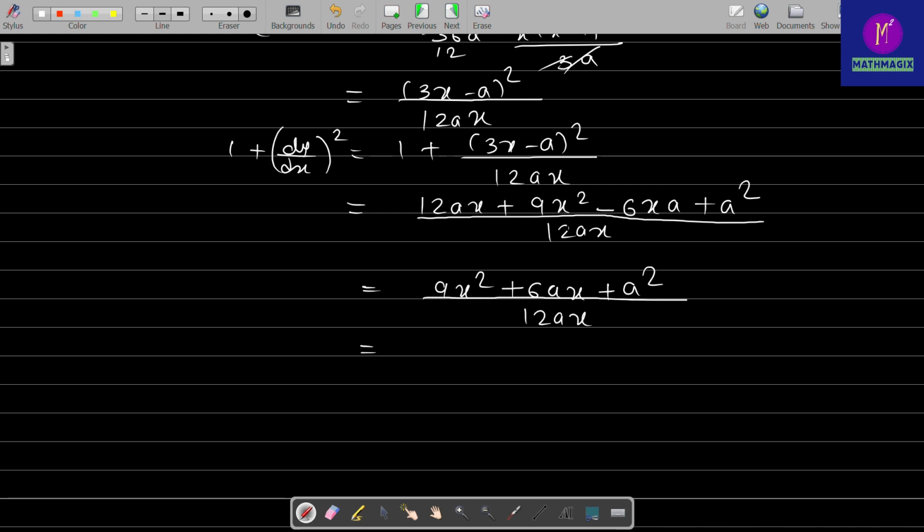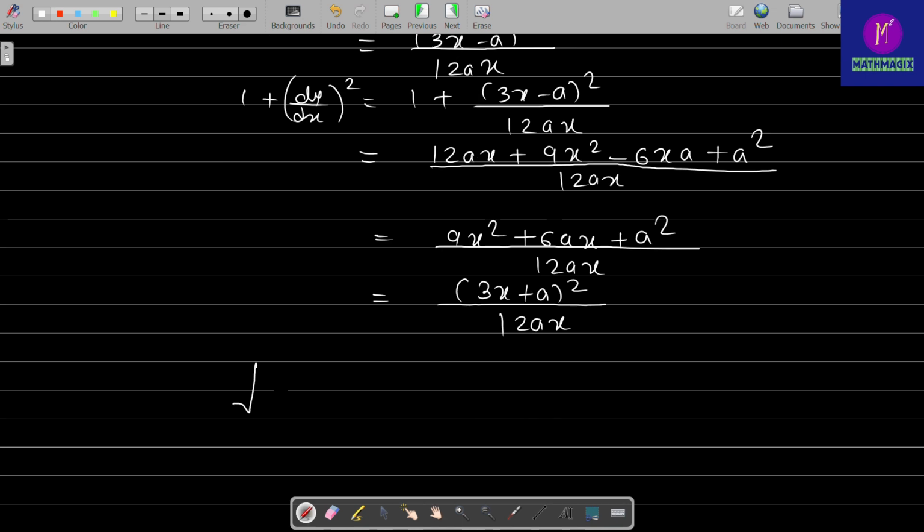Now we can see that 9x square minus 6xa plus a square is (3x minus a) the whole square. So 9x square plus 6ax plus a square is nothing but (3x plus a) the whole square divided by 12ax. So generally whenever we are solving problems of loop, you will get 1 plus (dy by dx) square in this format only: square of some term upon some denominator.